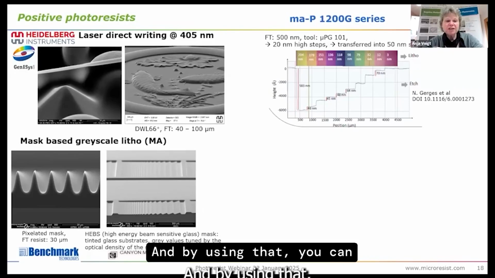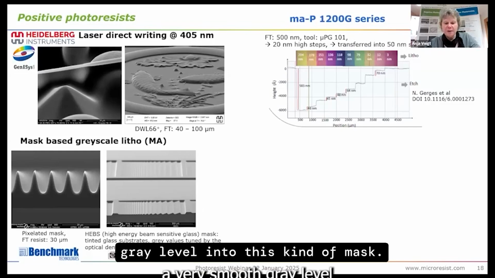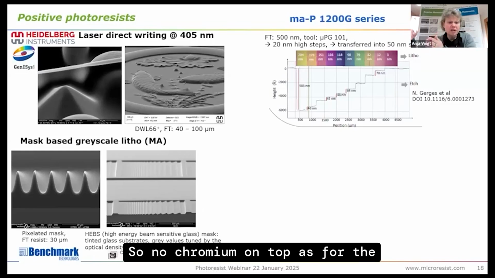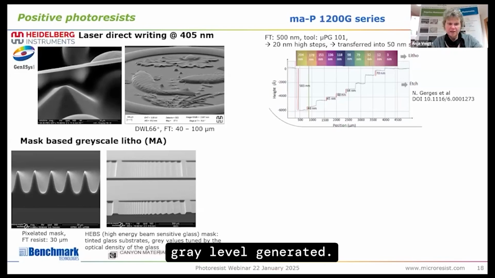And by using that, you can fine-tune a very smooth gray level into this kind of mask. So no chromium on top, as for the other one. It's directly into the glass, the gray level generated.